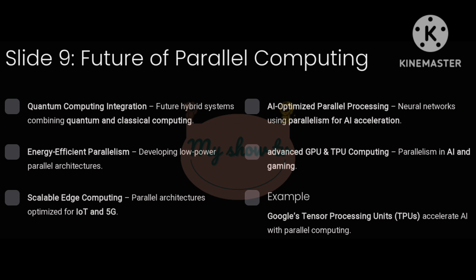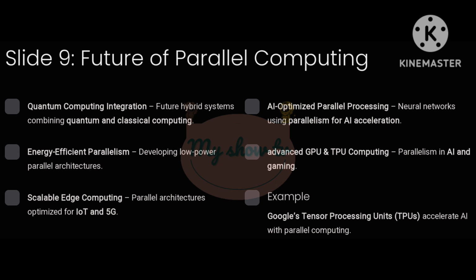3. Energy-efficient parallelism. Focus on low-power architectures to reduce energy consumption in supercomputing. 4. Advanced GPU and TPU computing. Graphical processing units (GPUs) and tensor processing units (TPUs) will enhance parallel workloads, especially for AI. 5. Scalable edge computing. HPC will be optimized for IoT, 5G, and real-time data processing at the network edge. 6. FPGA and ASIC acceleration.